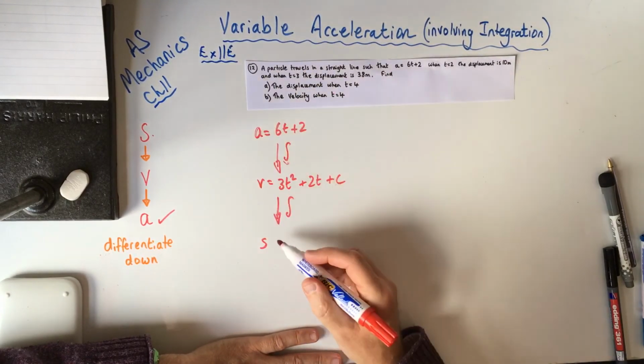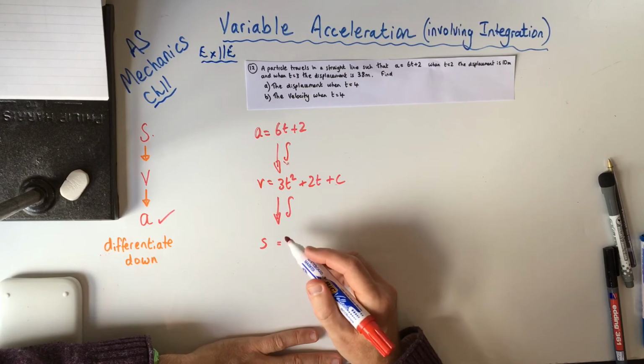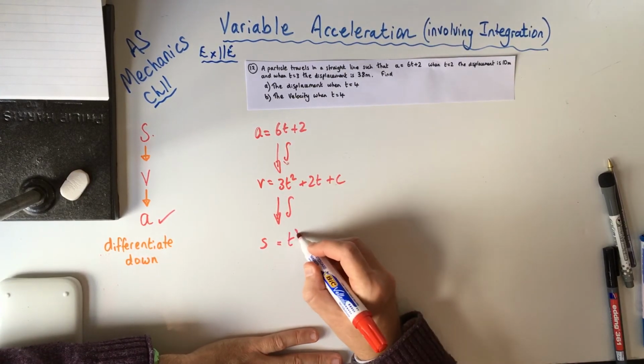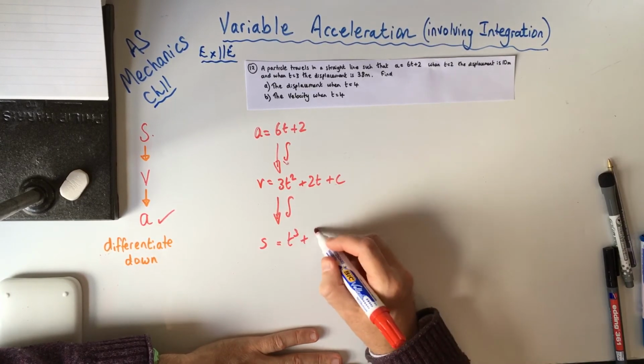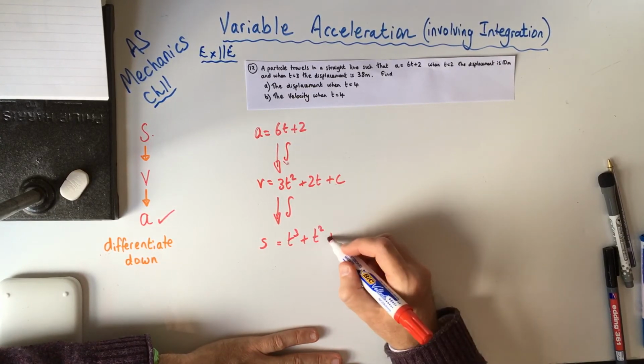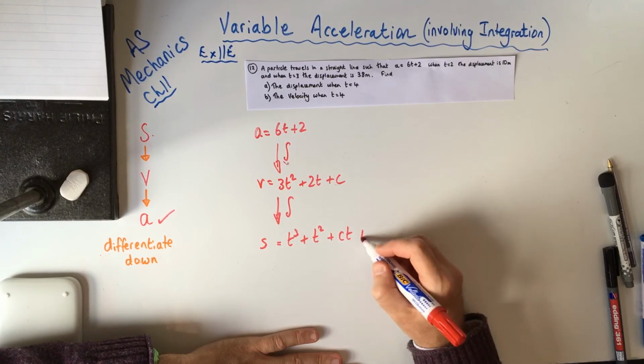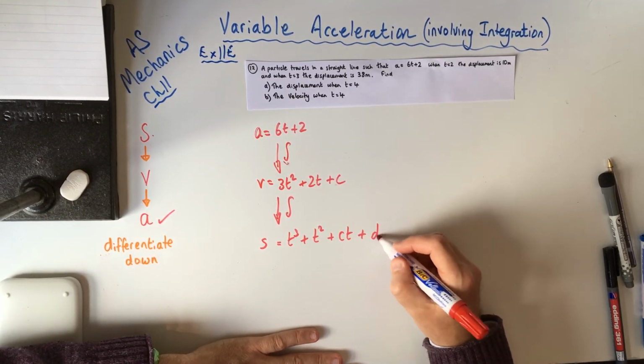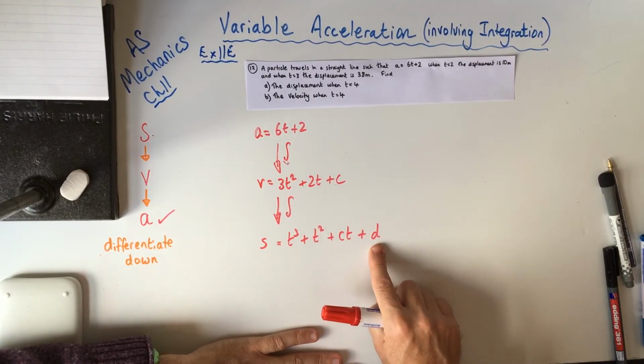I'm going up this ladder, integrating up, and I get t cubed, plus ct, plus a second constant, which is d.